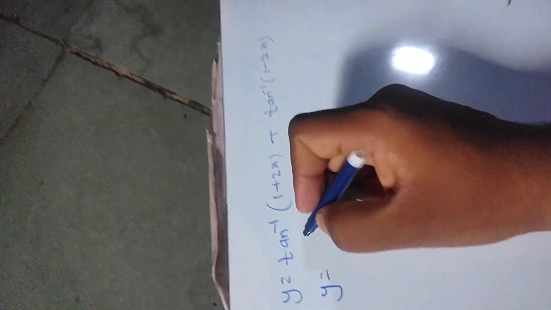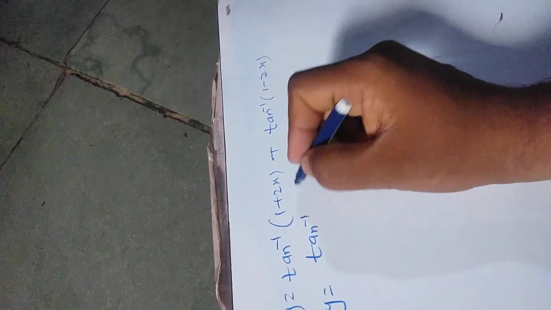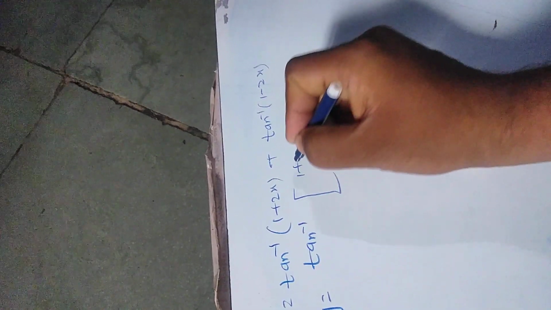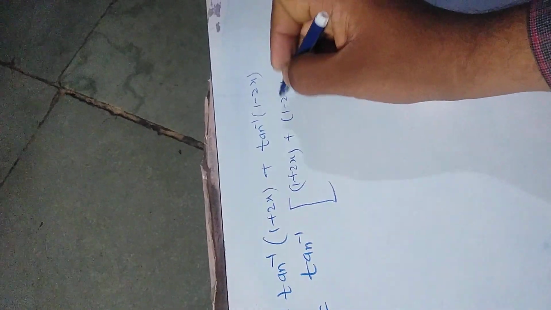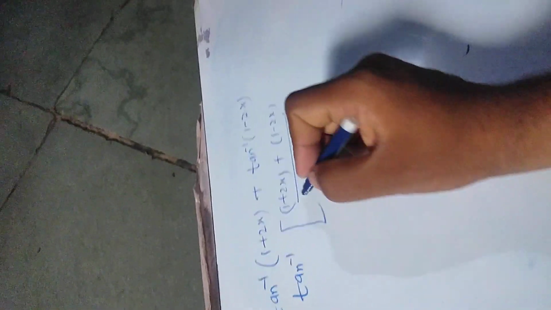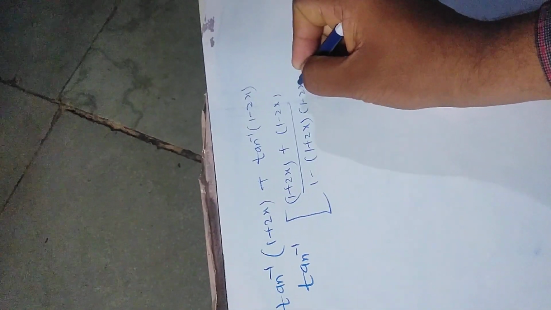So let us use our basic formula for tan inverse, that is y is equal to tan inverse of 1 plus 2x plus 1 minus 2x upon 1 minus 1 plus 2x into 1 minus 2x.